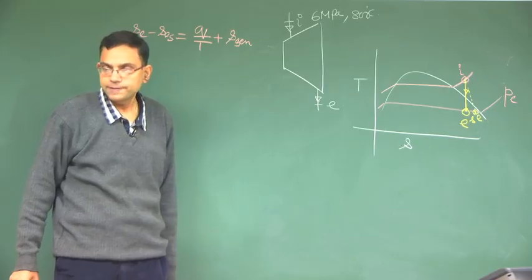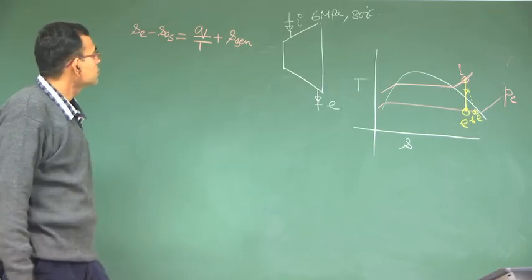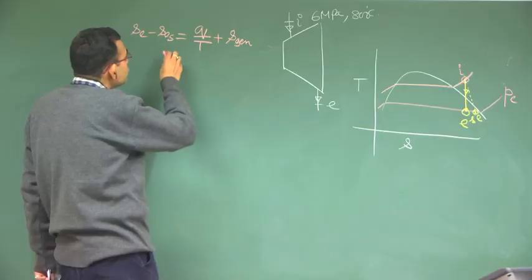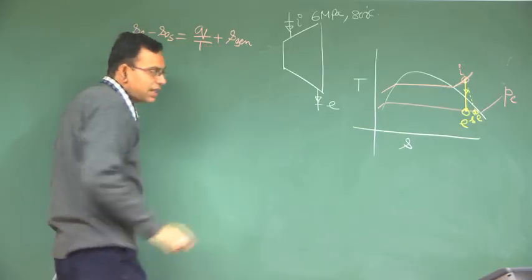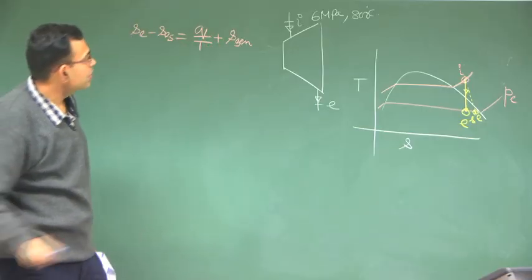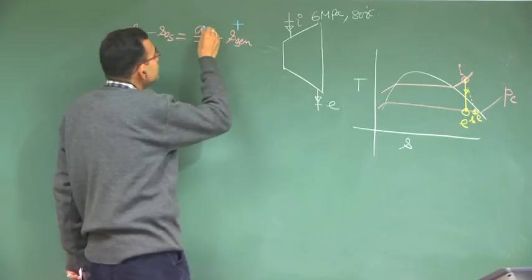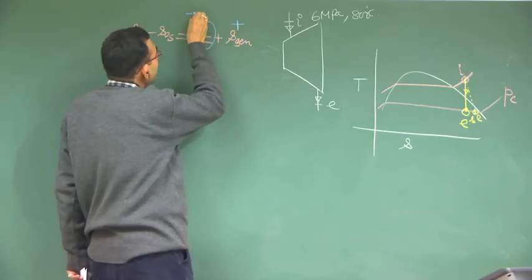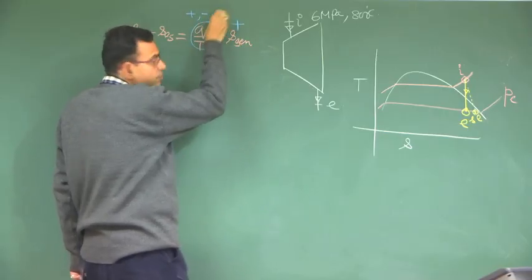This is what you can write. So, the question is that this is always positive, right. This could be plus, minus or 0.